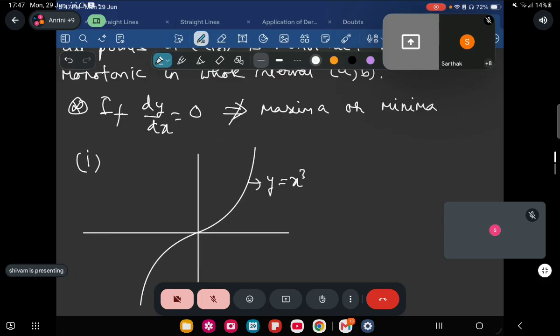It is 0. But can I say that we are getting maxima or minima at 0? It is strictly an increasing function, right? Yes, it's an increasing function.